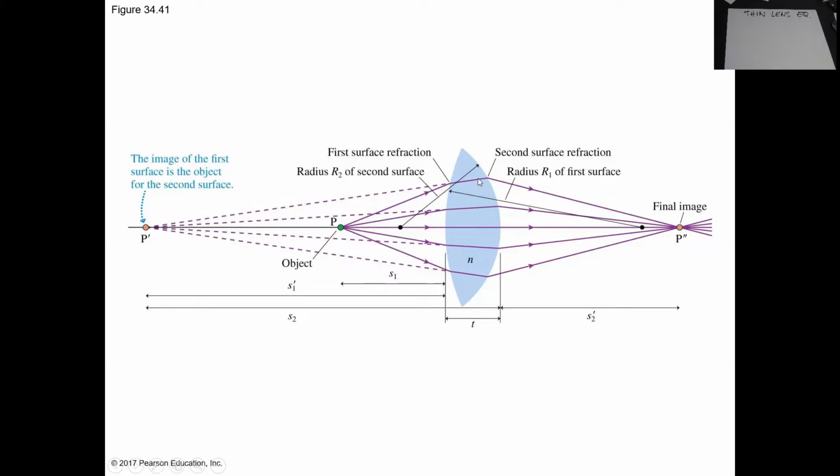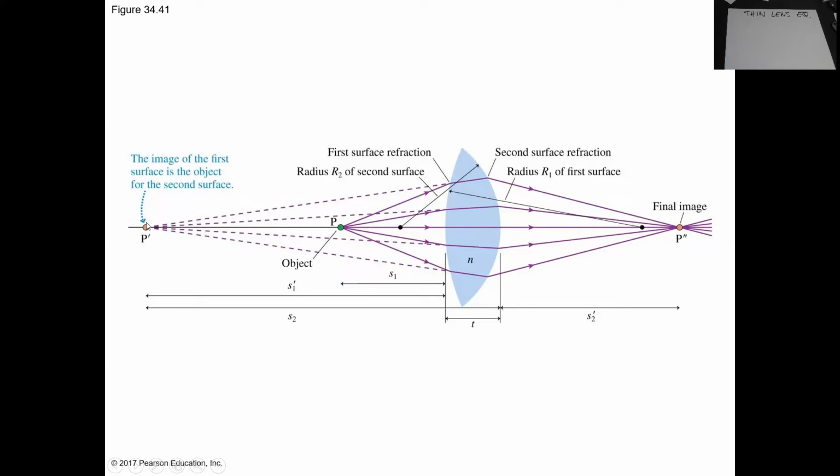Whether you're taking a picture in here with the camera or you've got your eyeball in there, it makes no difference whether the rays actually came from back here or whether they emanated from here and then were refracted at this face, because all that really matters is the direction that the rays are going. So as far as this face of the lens is concerned, all of these purple rays within the lens really did come from back here.